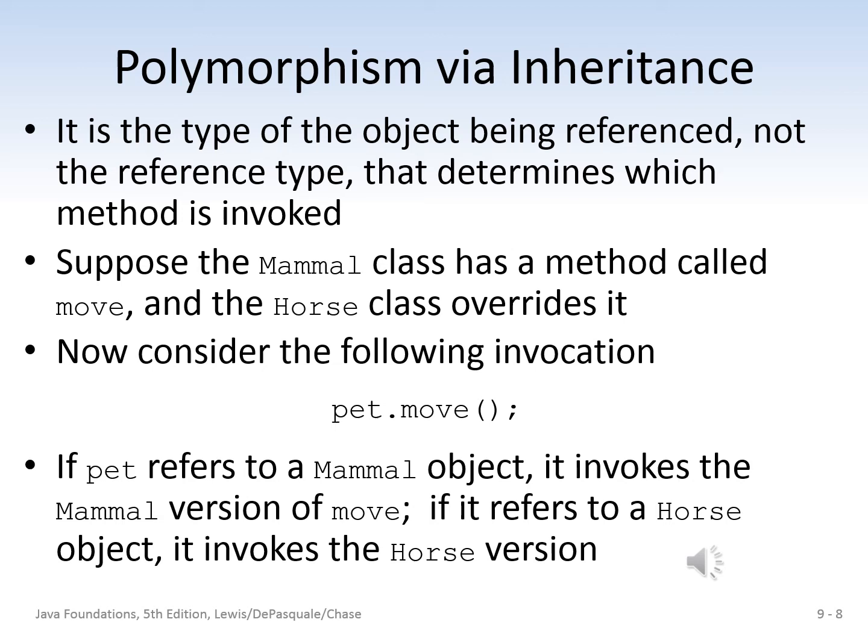Now consider the following invocation, pet.move. If pet refers to a Mammal, it will invoke the Mammal version of move. If it refers to a Horse, it will invoke the Horse version. So it is the type of the object being referenced that specifies which method is invoked.